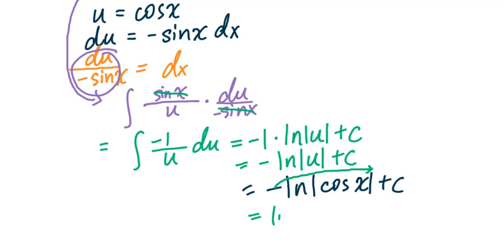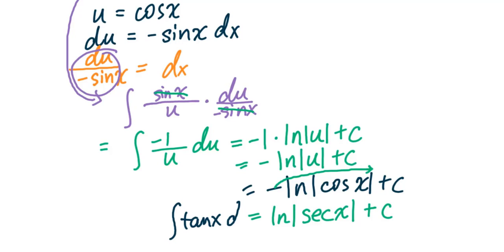That means natural log of absolute value of secant x plus c. So when we have tangent x dx, you will get natural log of absolute value of secant x plus c.